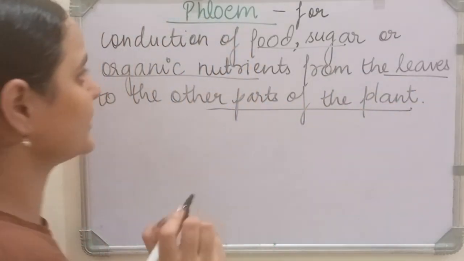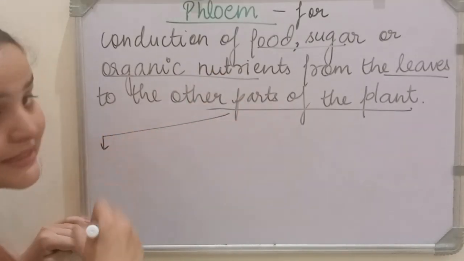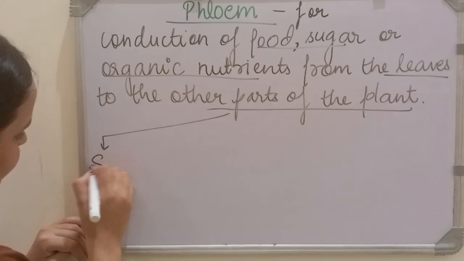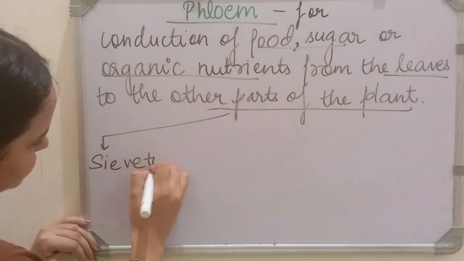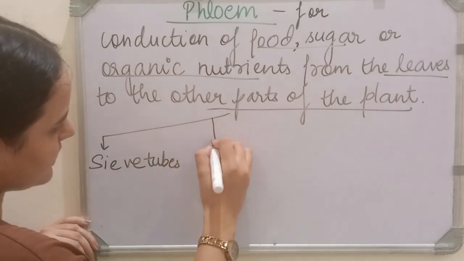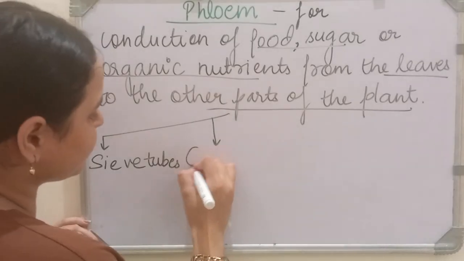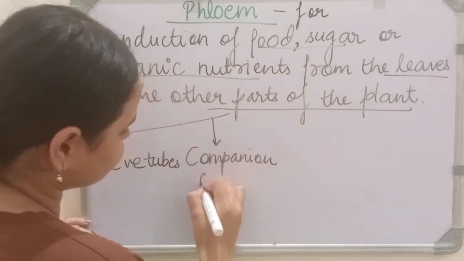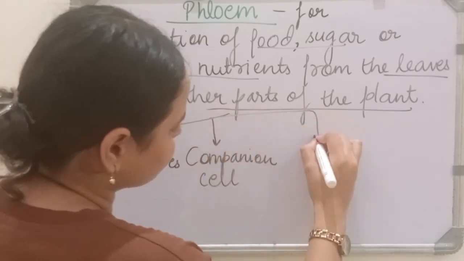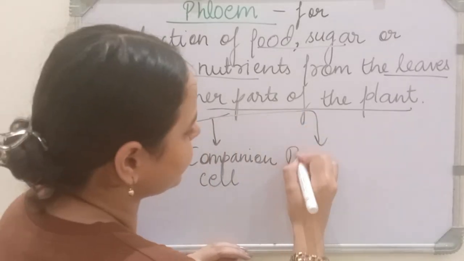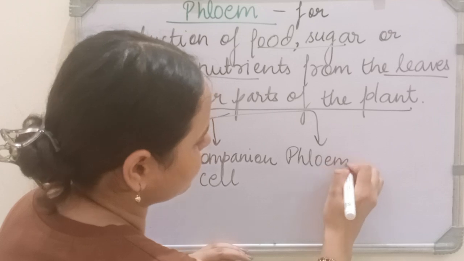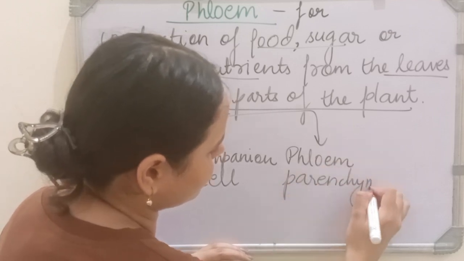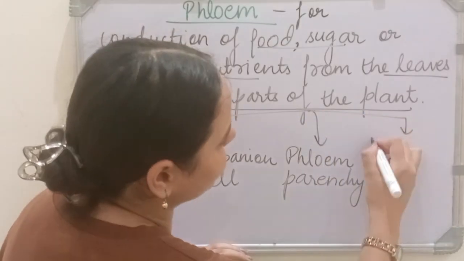Okay, now in phloem we will study about sieve tubes, then we will study about companion cell, then about phloem parenchyma, and phloem fibers.